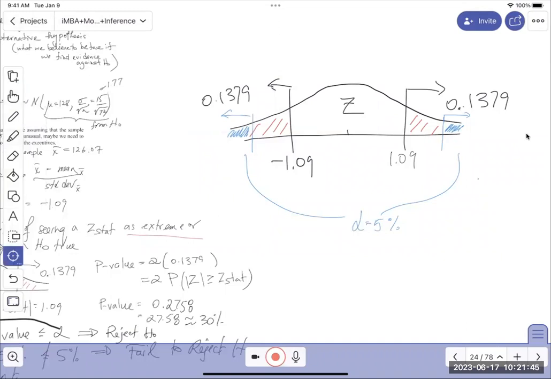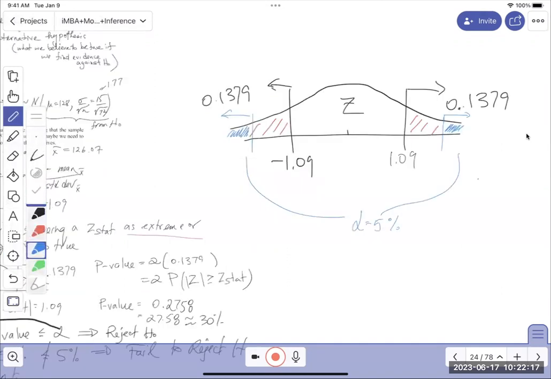So how far would you have had to be? How many standard deviations to reject in a two-sided test? Can someone tell me? Well, I need more precision than 2, Gloria. I need you to look on the table and get me the precision. But yeah, it's about 2.